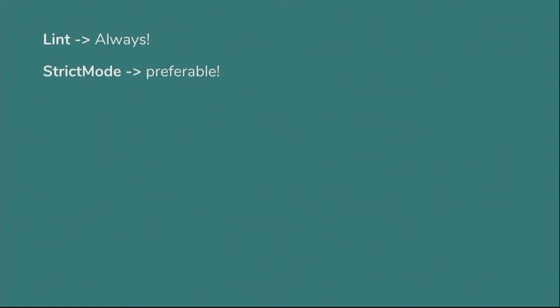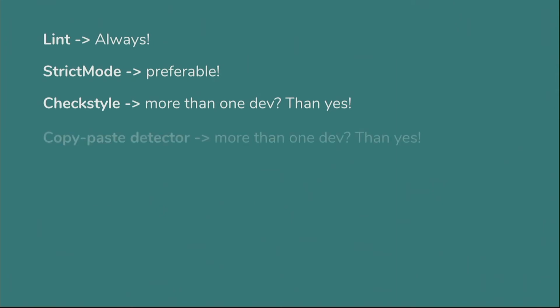Strict mode, yeah, if possible, yes, because it's coming out of the box, enable it and just enjoy. Check style, if you have more than one developer, then definitely add it, because your code will look like code developed by one person, and everyone will understand it, and everyone will be on the same page.